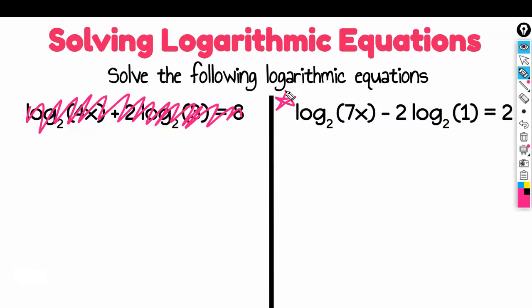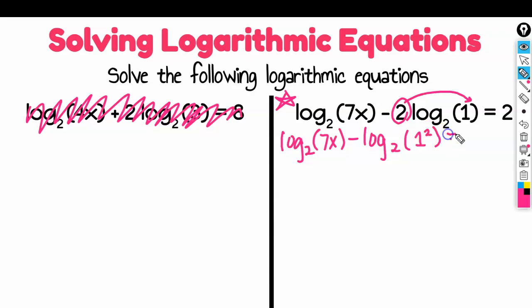As usual, we'll start out with power property. So I'll put that 2 on top of that log. Hopefully we will plug 1 squared into a calculator and find that 1 squared is 1.